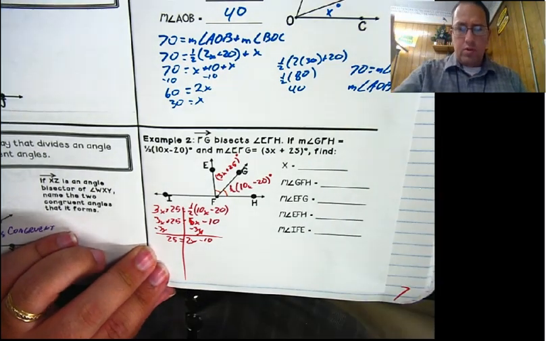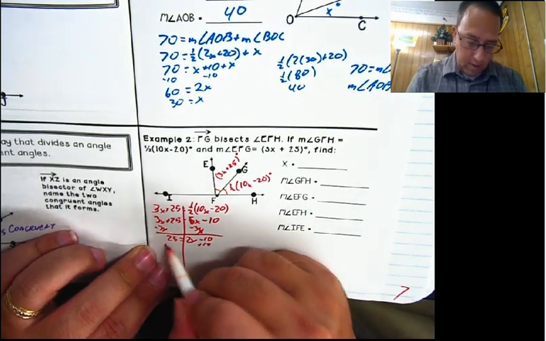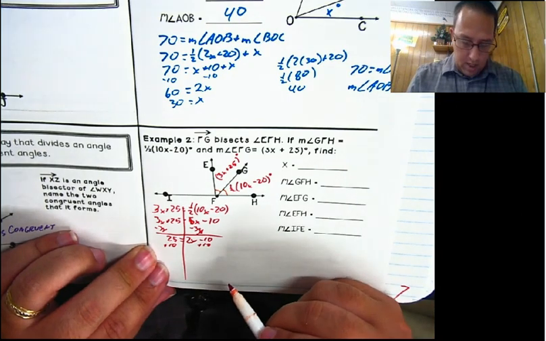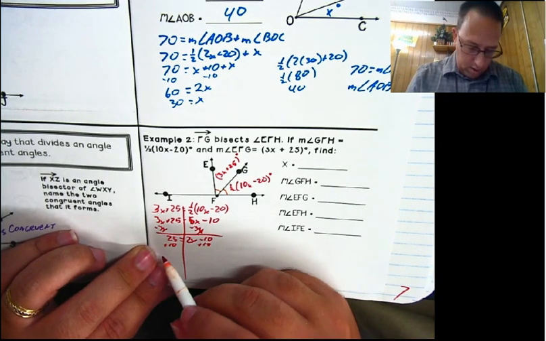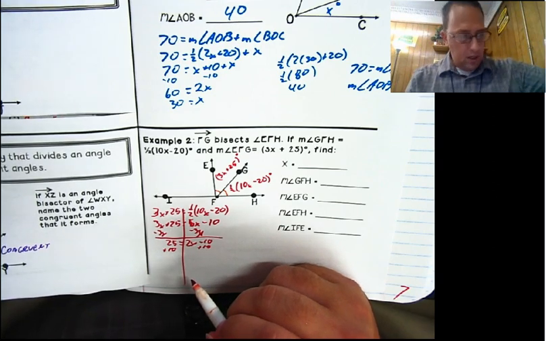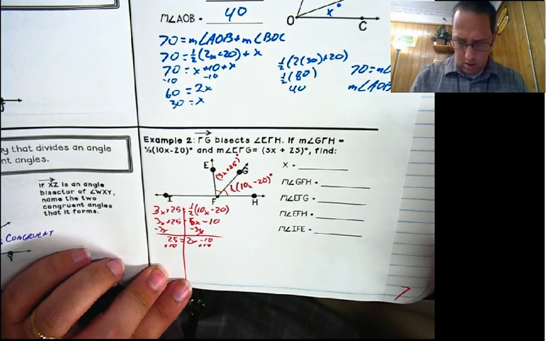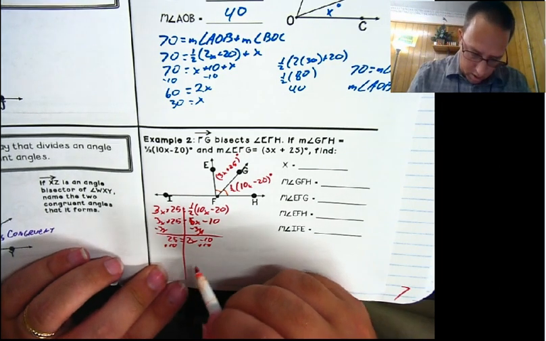Now we want to move the 10 so we have x by itself, so plus 10, plus 10, and we end up with 35 equals 2x. Wait, we have 2x equals 15 after combining.